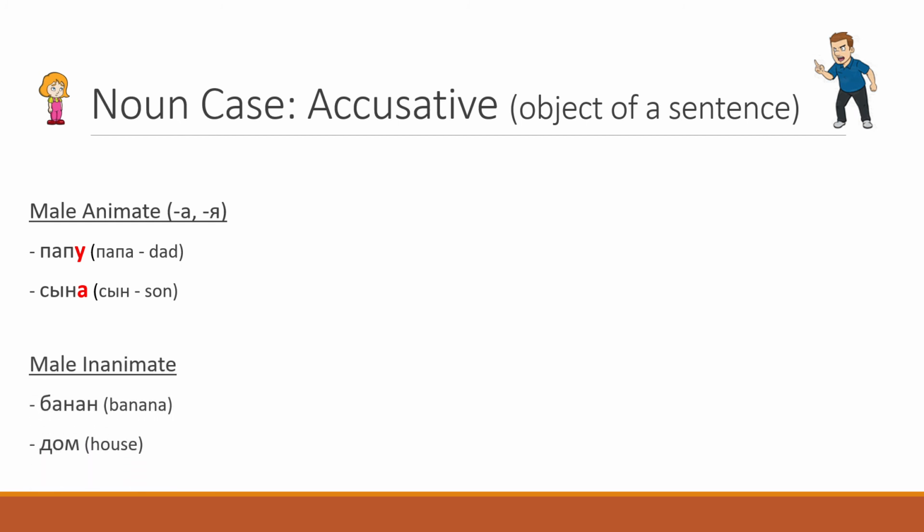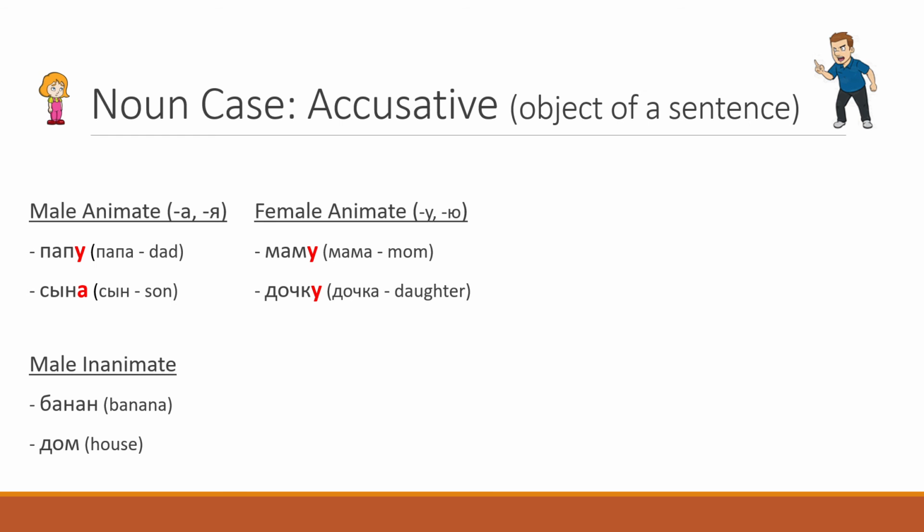If it's inanimate, but male, it doesn't change. So banan and dom, they stay the same. If it's female and animate, it gets an u or a yu ending. So mama became mamu. Дочка, дочку.